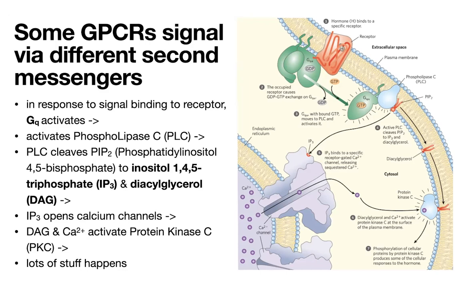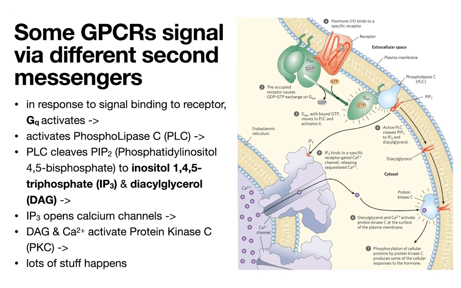If we then open up a channel, we can release it into the cytoplasm. We have one of those receptor-gated channels that is activated by the binding of IP3. When IP3 binds, we open up that channel and let the calcium flow out. When the calcium flows out, it can bind to protein kinase C.